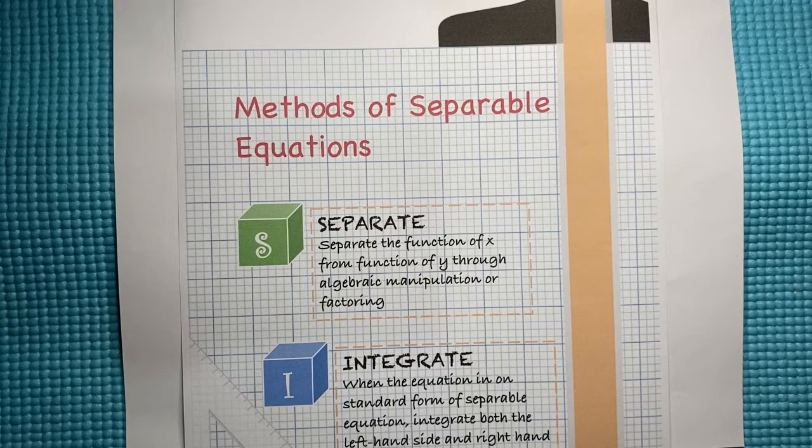The first one is separating the variable x from the variable y, either through algebraic manipulation or through factoring. Once we are able to separate the two functions, to find the general solution of the differential equation we just need to integrate such two functions.